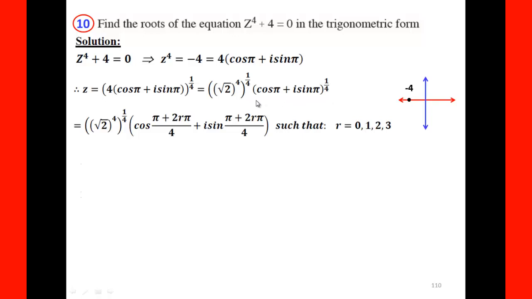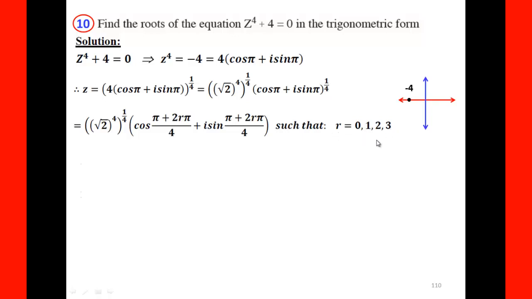So how many roots do we have? We must calculate 4 roots of the form cosine of pi plus 2r pi over 4 plus i sine of pi plus 2r pi over 4. Don't forget that 4 is the number of roots, and r will take the values 0, 1, 2, 3.